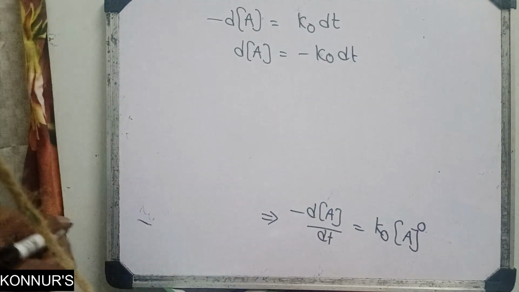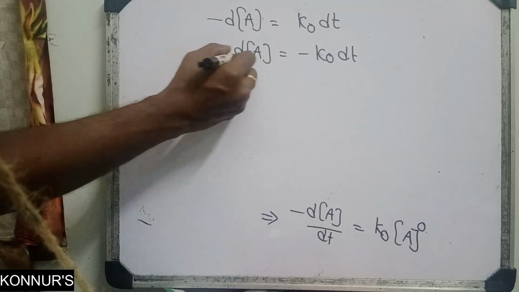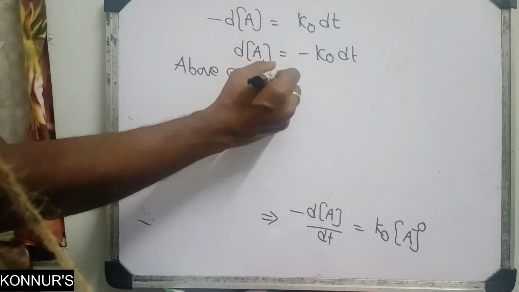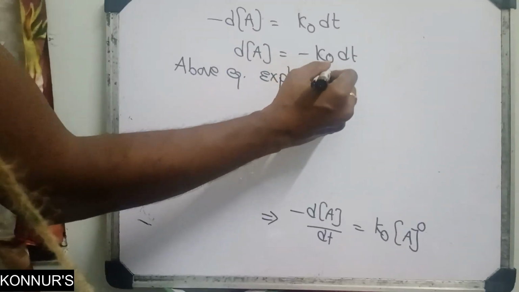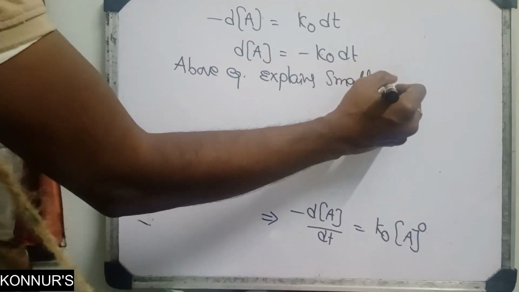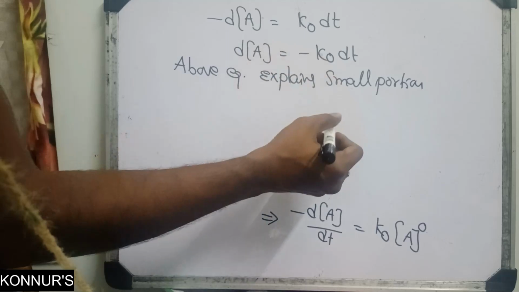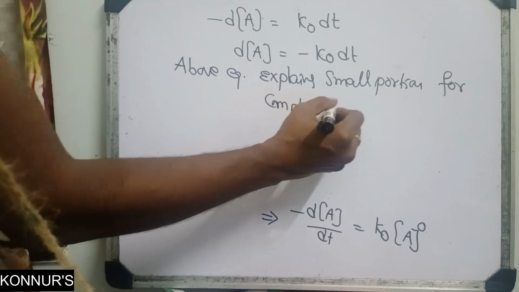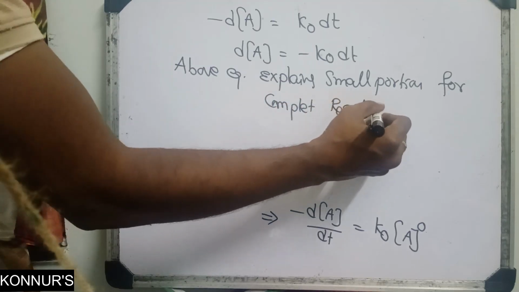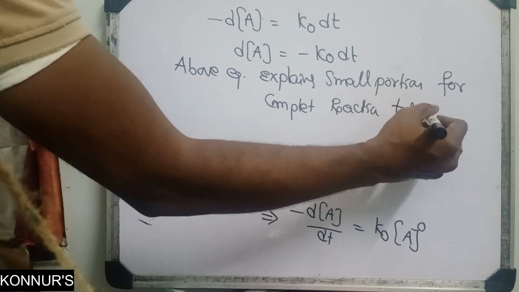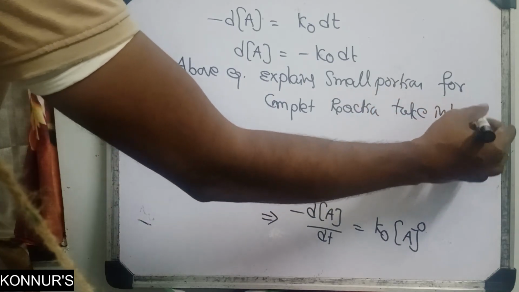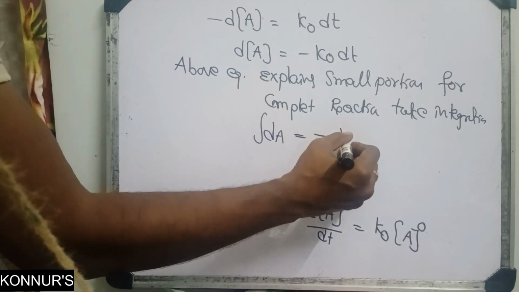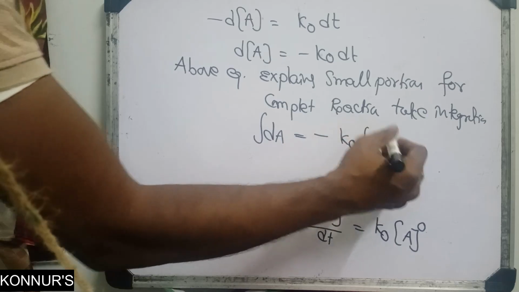This equation explains a small portion of the reaction only. That is called a differentiation. For the complete reaction, you take integration on both sides: integration of dA equals minus k0 into integration of dt.